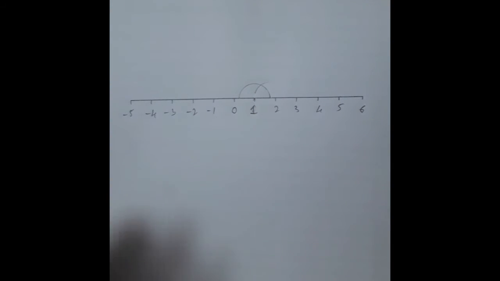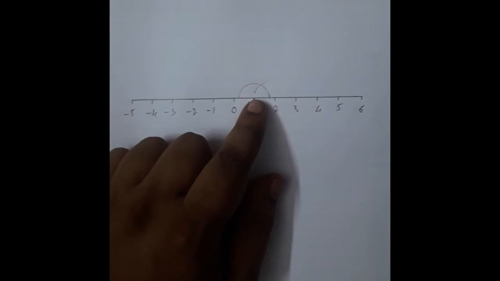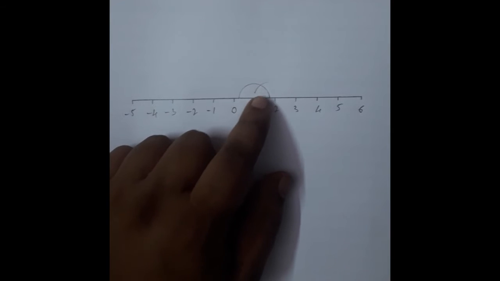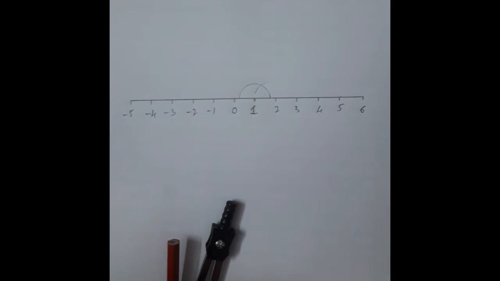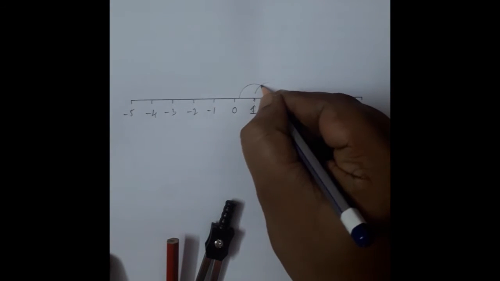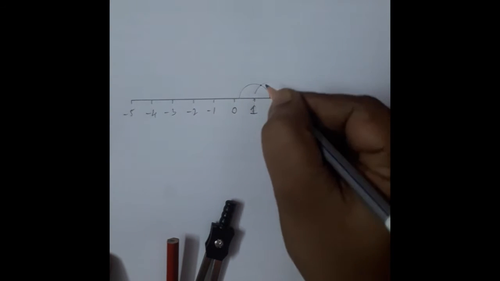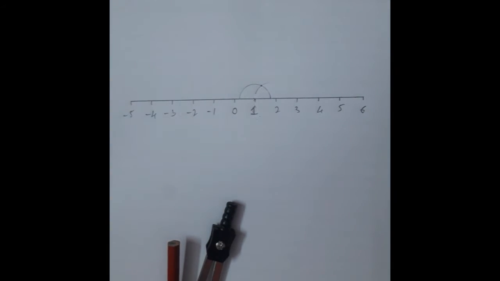Now that you have cut the semicircle, the point where the new arc that you have constructed cuts the semicircle becomes your new point. Mark this with a dot.